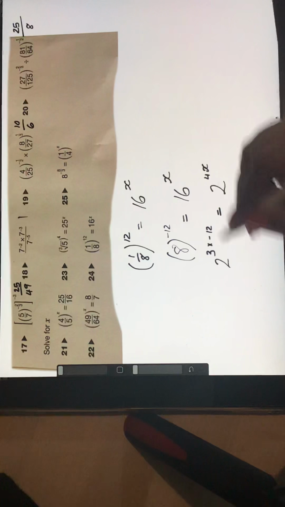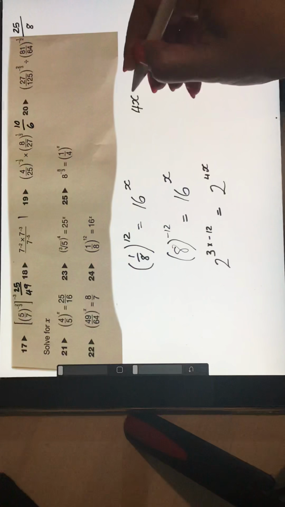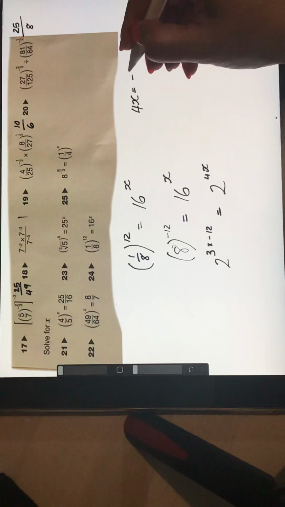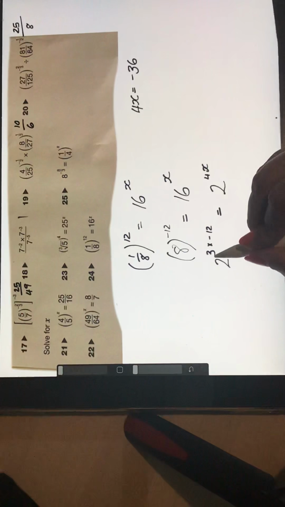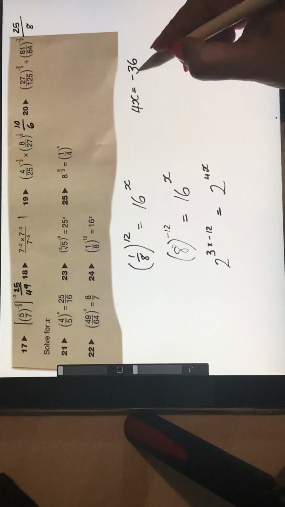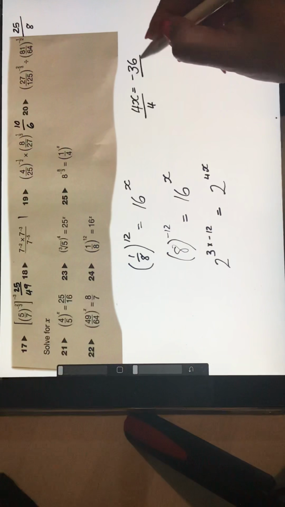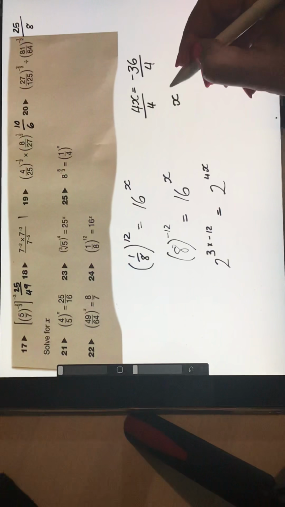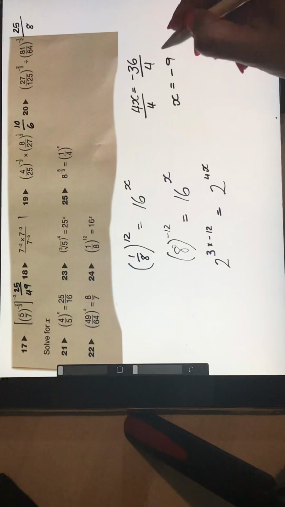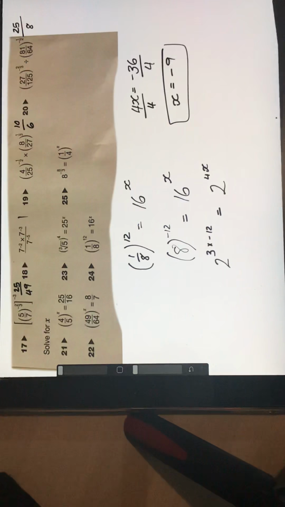So the base numbers are the same, so I can therefore say 4x is equal to negative 36. That 3 times negative 12 will give me negative 36. Then I divide both sides with 4, and therefore x is equal to negative 9. And that is the answer for number 24.